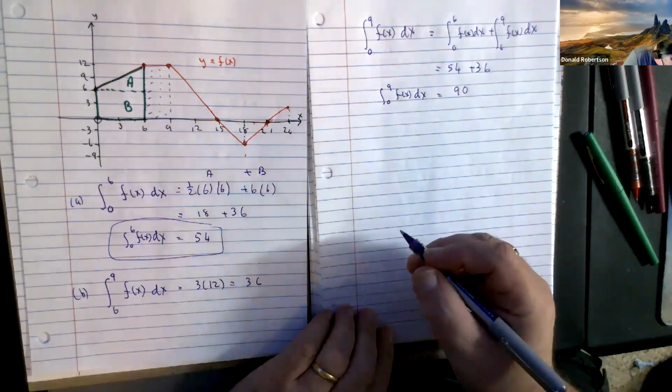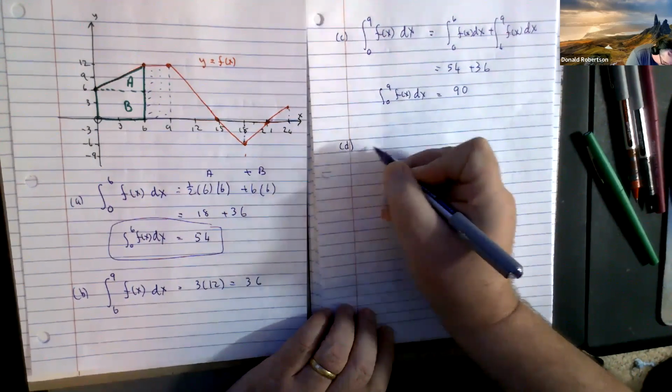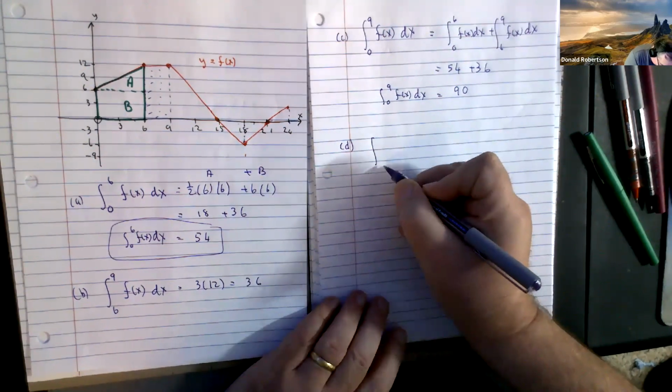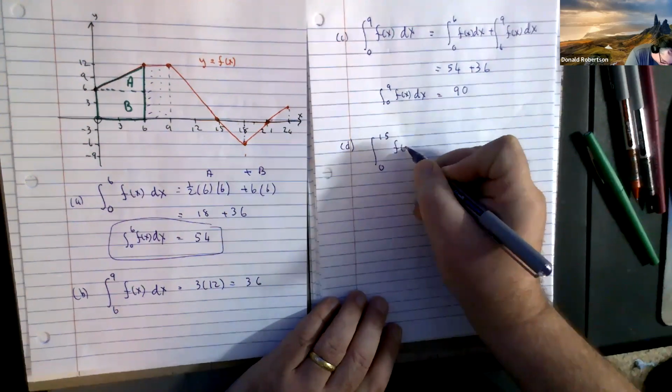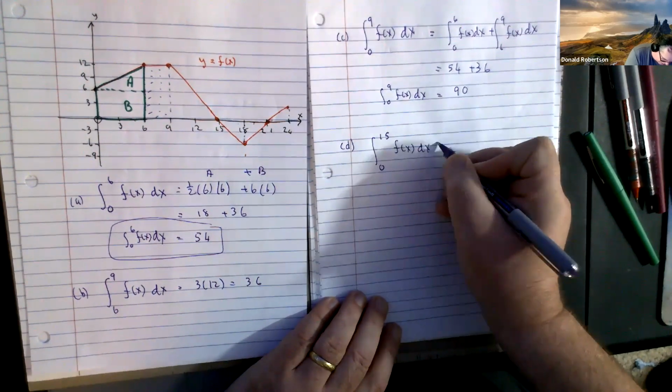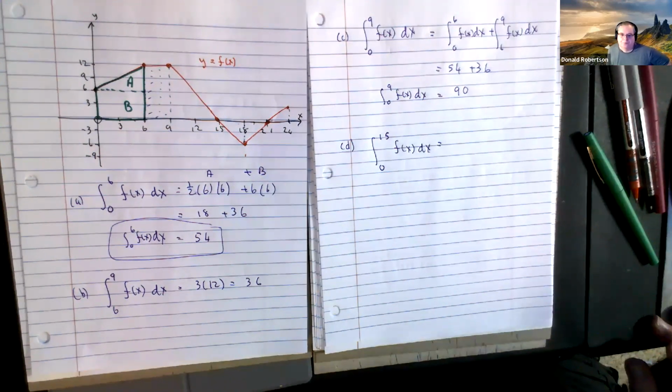Now, let's assume that was question C. Now, in question D, you might be asked to find the integral from 0 to 15. But I want to do this in the most efficient way possible. So that means I don't want to have to reinvent the wheel and calculate all the areas again from scratch.